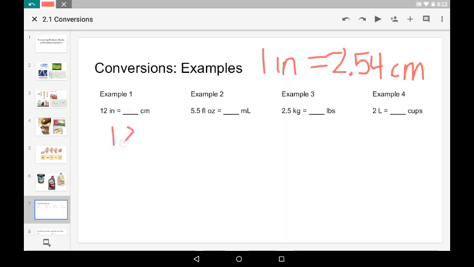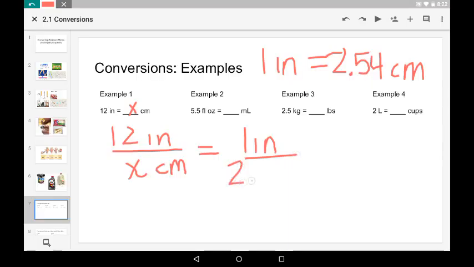So I'm going to write 12 inches over x centimeters, because we don't know what it is yet, is equal to 1 inch over 2.54 centimeters. You can have centimeters on the top and inches on the bottom as long as you do the same thing on both sides. The important part is that inches is on the top on both sides or the bottom on both sides, and centimeters is also either both on the bottom or both on the top.